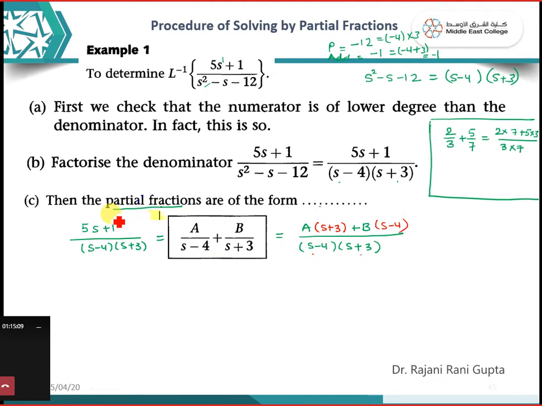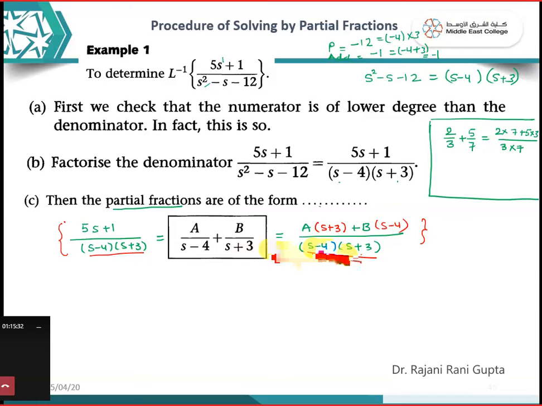Now, what you have to do is look at this term and this term, and you can see the denominators are the same. So we say that (5s plus 1) over (s minus 4)(s plus 3) is the same as a times (s plus 3) plus b times (s minus 4), divided by (s minus 4)(s plus 3).